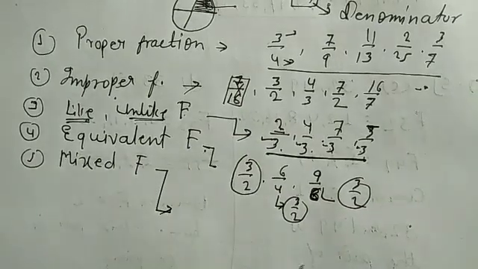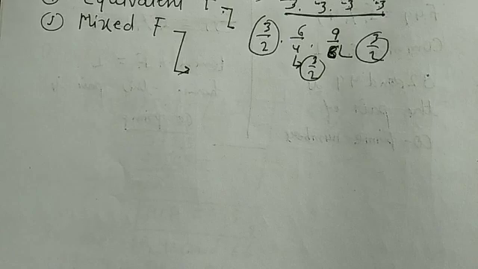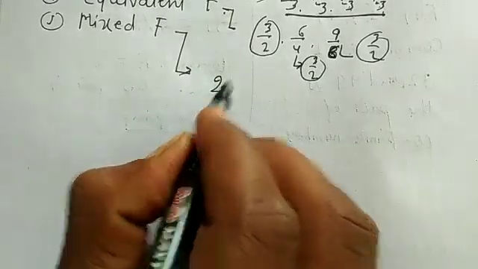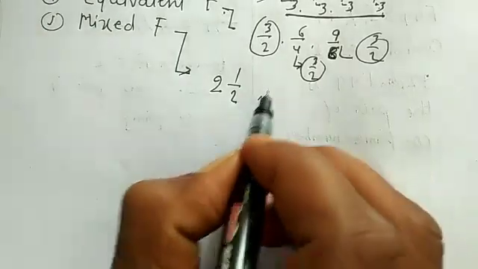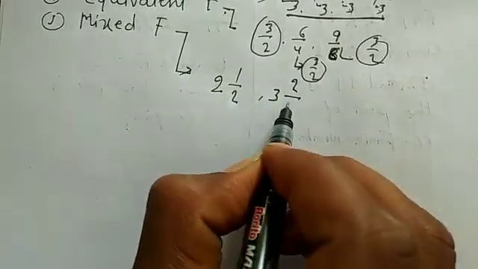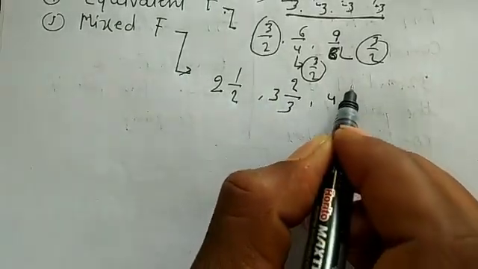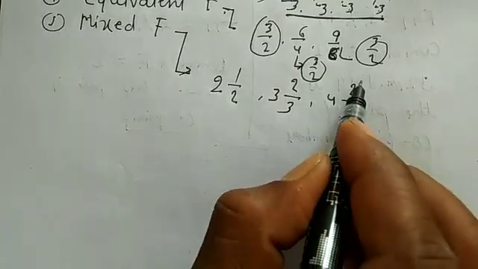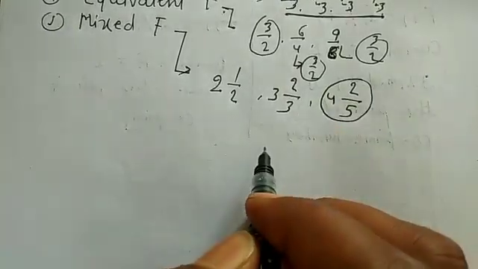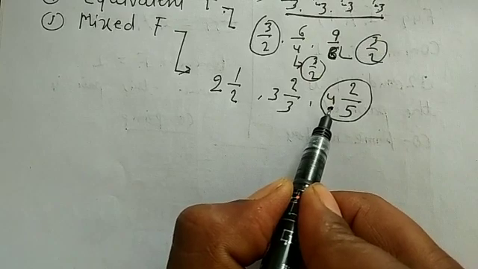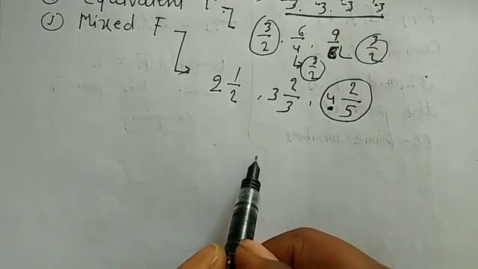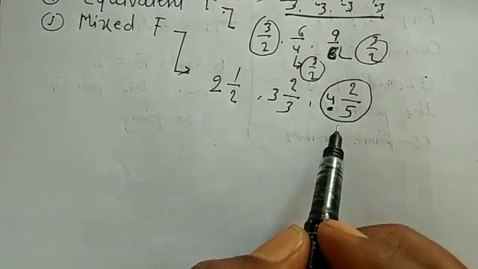Now the next one is mixed fraction. What is a mixed fraction? A mixed fraction consists of two parts: an integer part and a proper fraction. This is the integer part, meaning the whole number part, and this is the proper fraction.